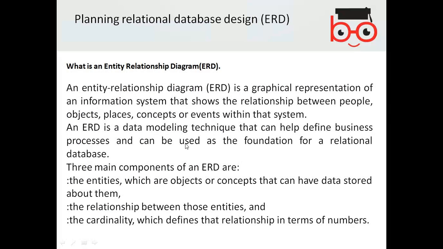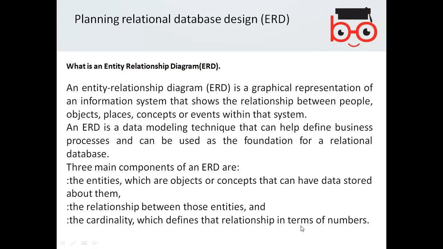You come up with this information and represent it in graphical form, called the entity relationship diagram, which shows the relationship between the people, objects, places, concepts, or events within that system.